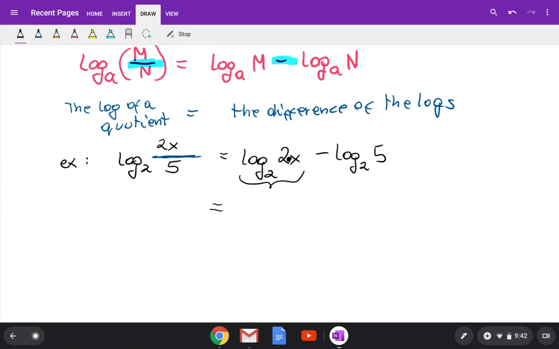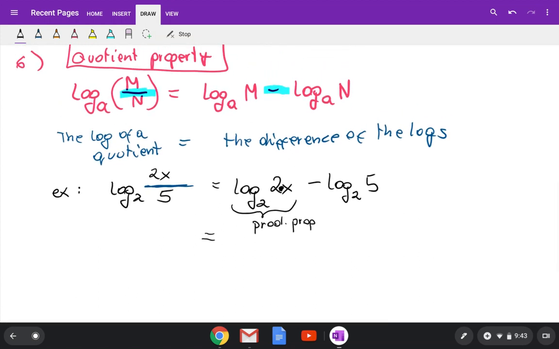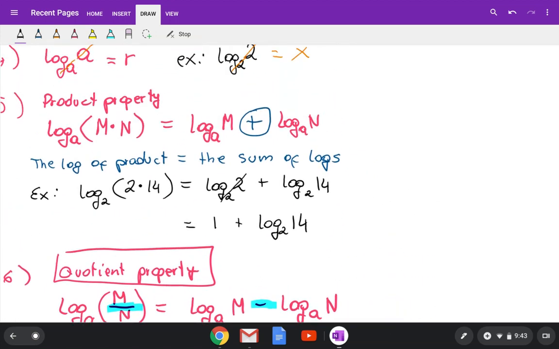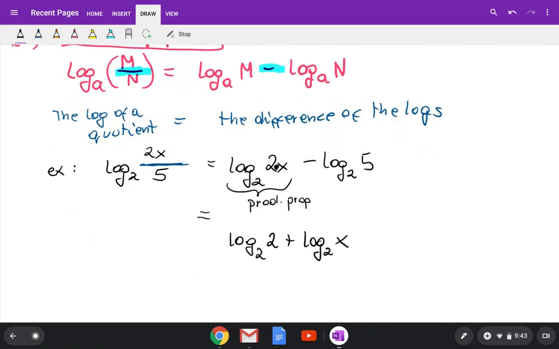So here you can also apply the product property. When you have log of the product, you can rewrite that as a sum of logs. So I'm going to rewrite log base 2 of 2x as log base 2 of 2 plus log base 2 of x. Again, I'm going back to the product property. And I'm going to copy minus log base 2 of 5.